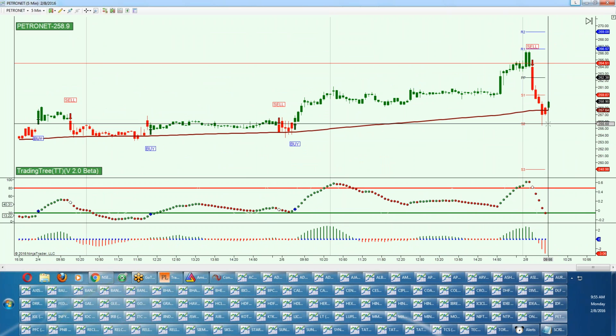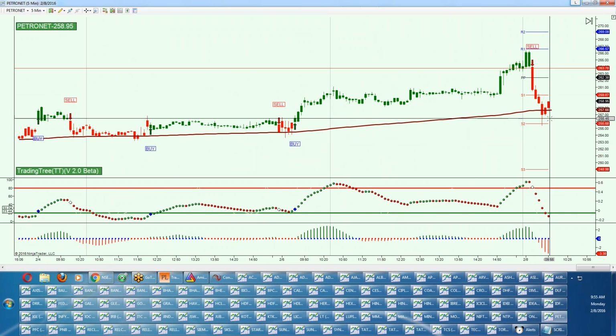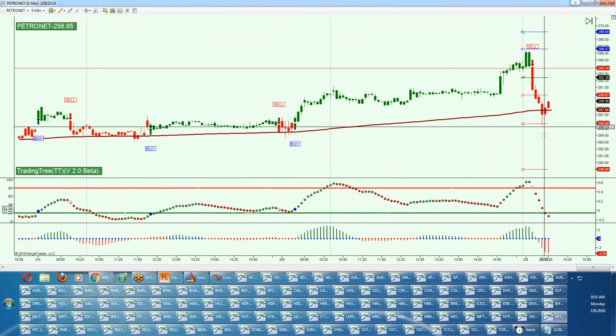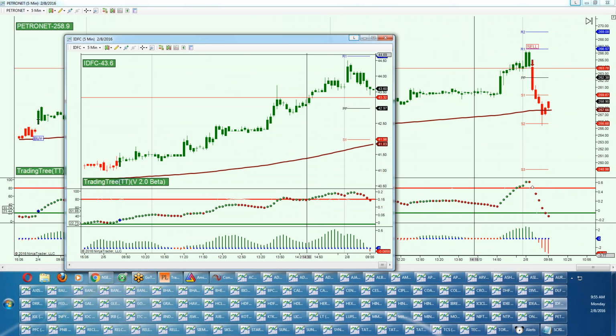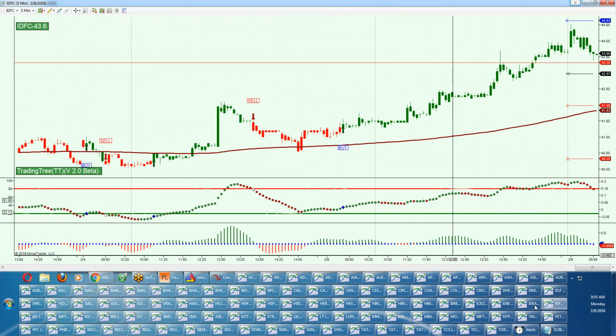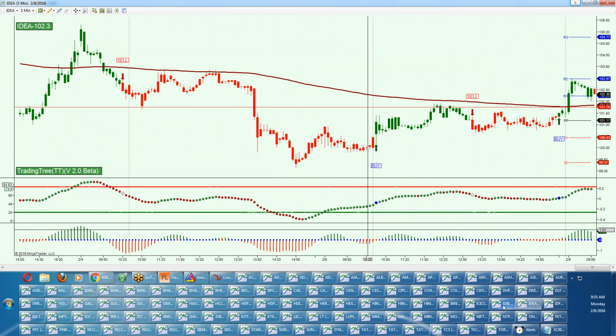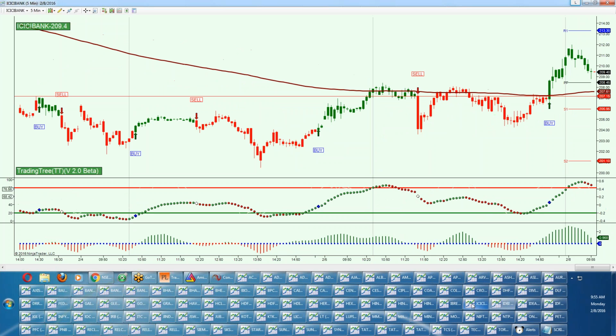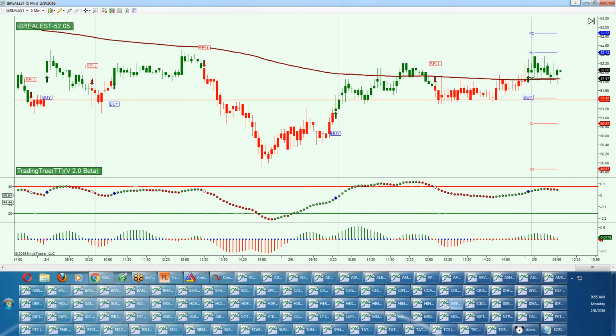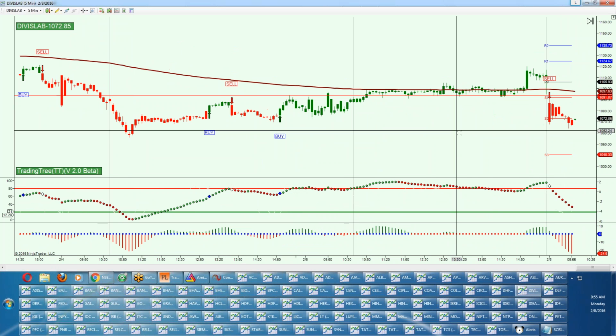You can see that it has done S2 and then it's bouncing back. This call is triggered.